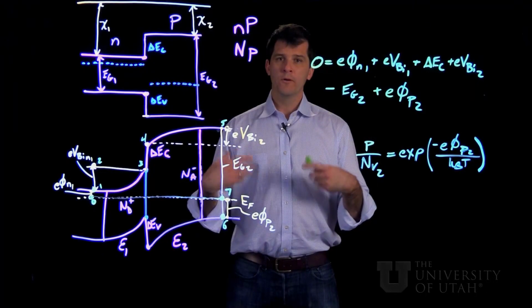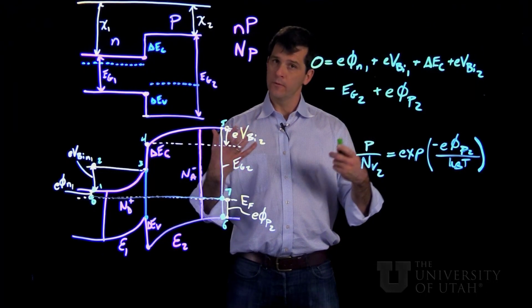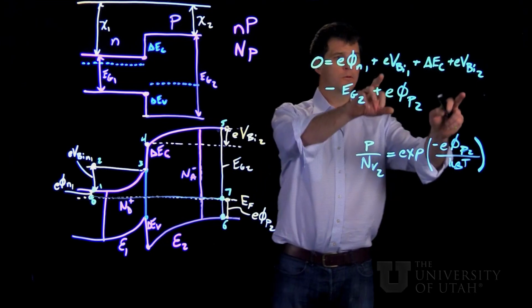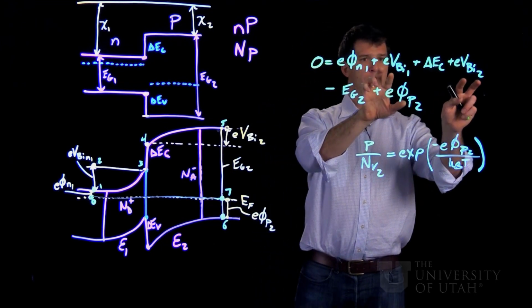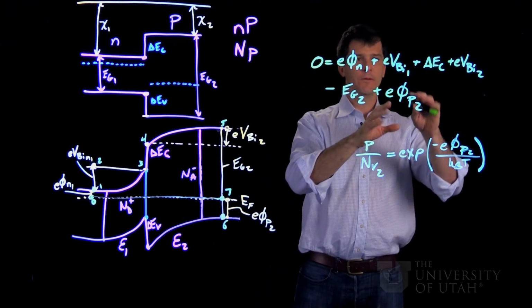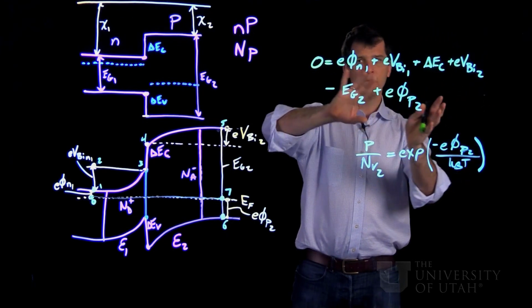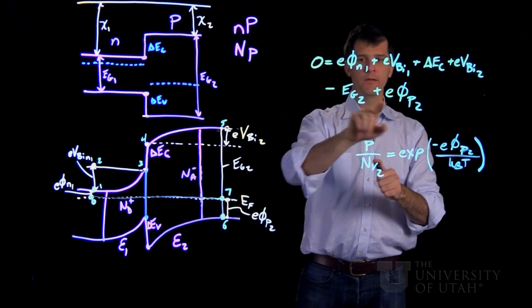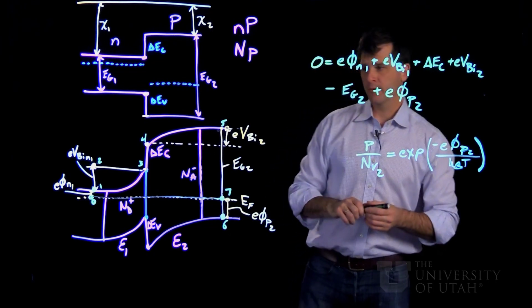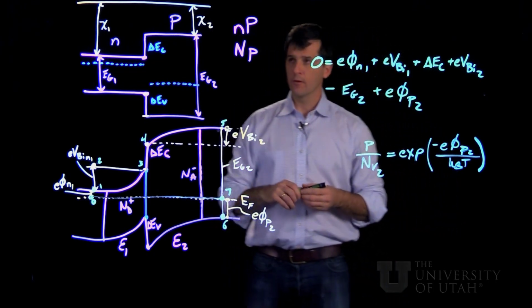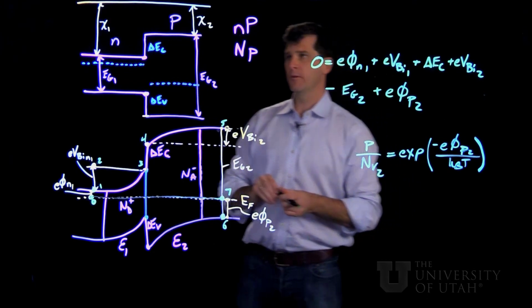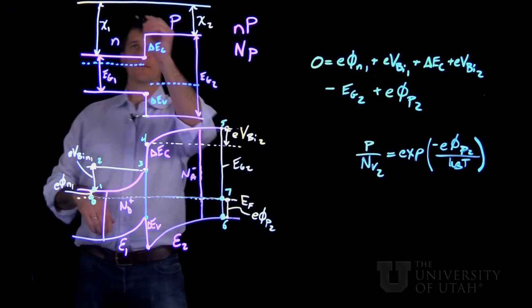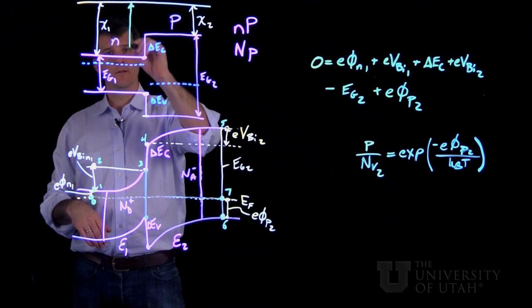So one important quantity here that we didn't solve for explicitly is the total built-in voltage. So if we add these two parts together, we could get the built-in voltage, and we could move everything else to the left-hand side and get an expression in terms of these quantities. Now it turns out our rule for where built-in voltages come from that we mentioned in terms of the Schottky barrier still holds here.